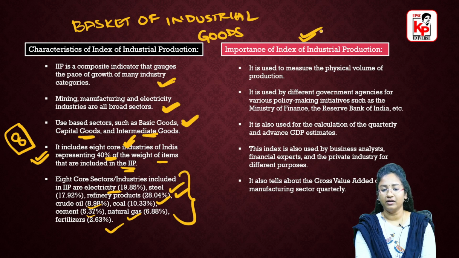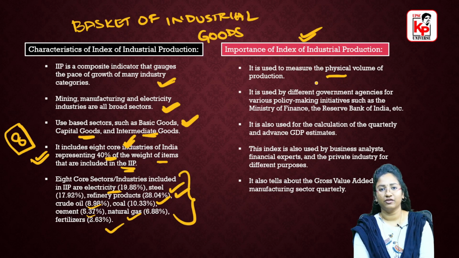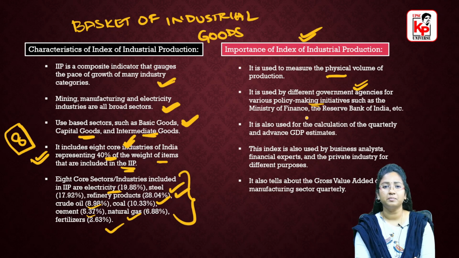Coming to the importance of the Index of Industrial Production, IIP, it is used to measure the physical volume of production. The volume of production of this basket of industrial goods is compared from the base year to the current year. This is the definition of IIP, and it is used by different government agencies for various policy making initiatives. Why are we using this IIP? Why are we comparing this? Why are we measuring the growth in these sectors? So that it will help government agencies in policy making.